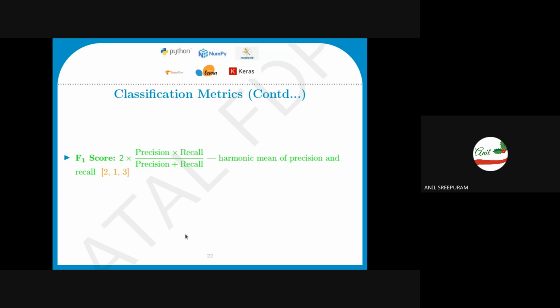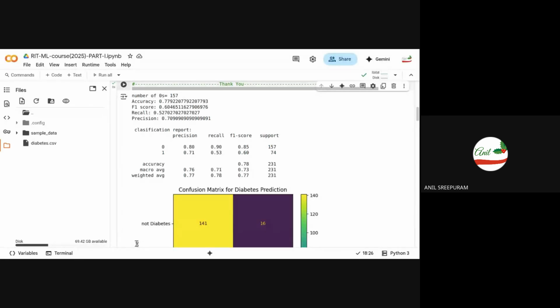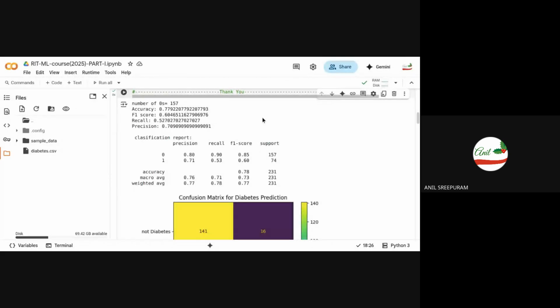And so let us come back to our original implementation now. You can see your model is having an accuracy of 0.779, that is almost 78% of the total predictions are correct.